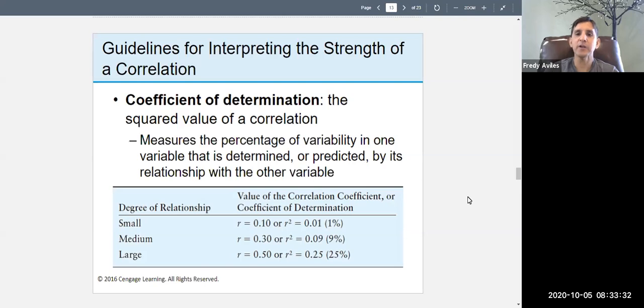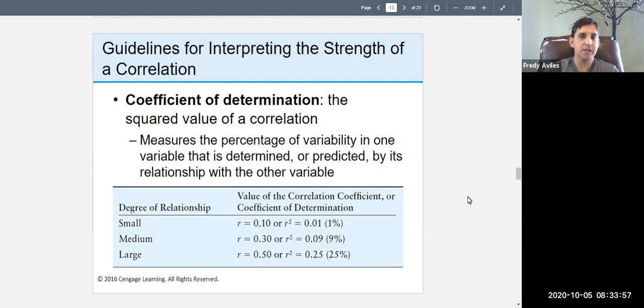That means that R equals -0.10 and R equals 0.10 are equally strong. The sign doesn't make a difference when determining the strength of the correlation, because when you square it, the sign becomes meaningless. If you square two negatives, you get a positive. If you square two positives, you still have a positive. So the sign doesn't matter when it comes to the strength.